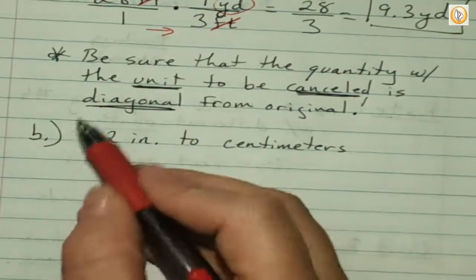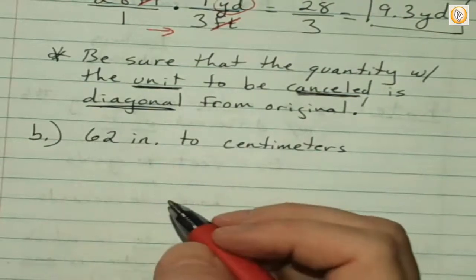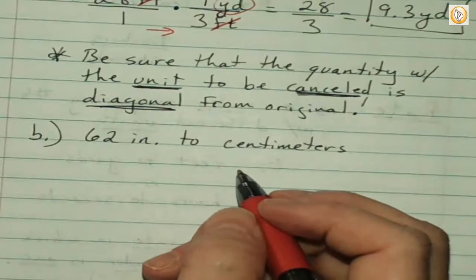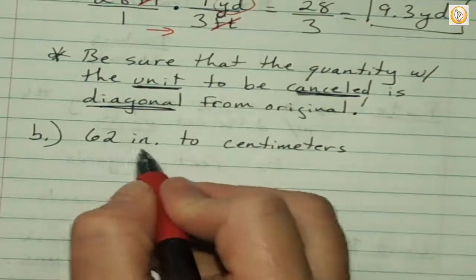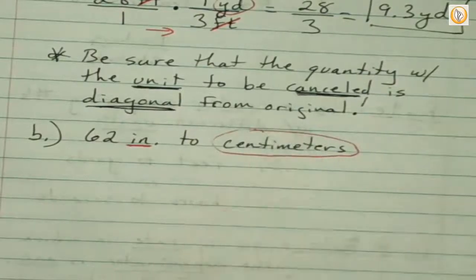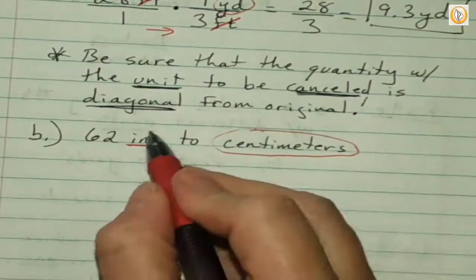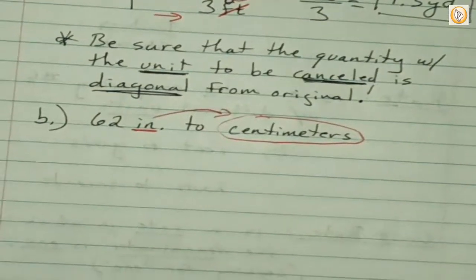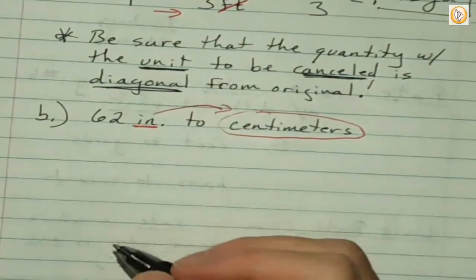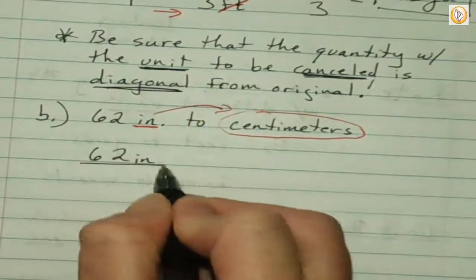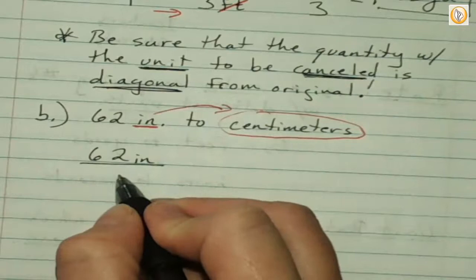Well, we're trying to change this to what? That's right. We want to get rid of the inches because we want to change it to centimeters. That's our goal. So, I'm going to write 62 inches over what, everyone?